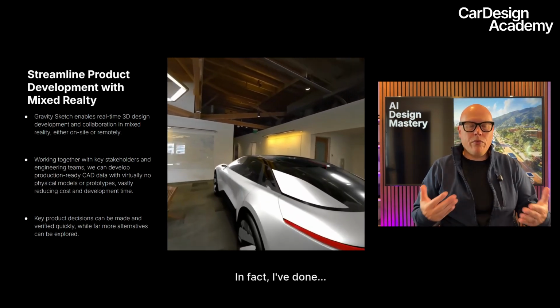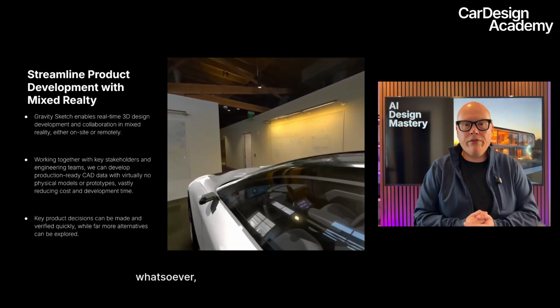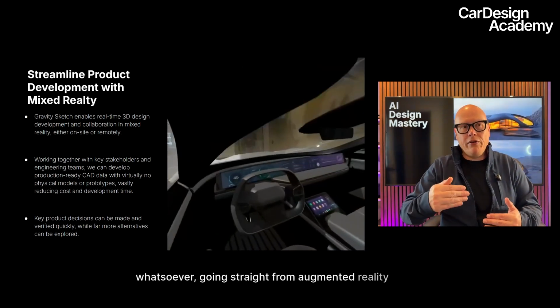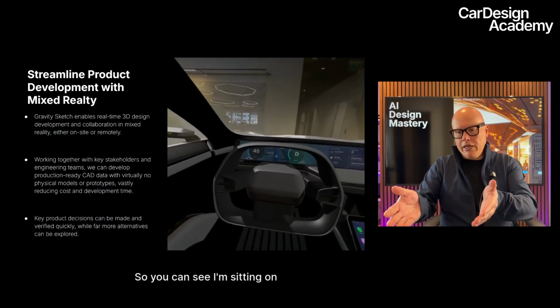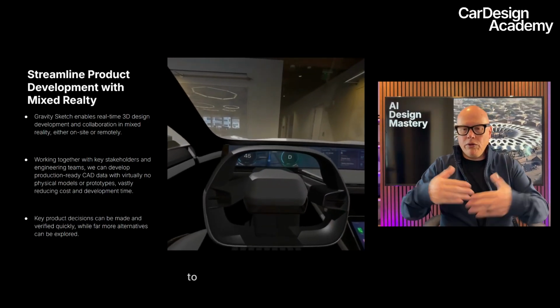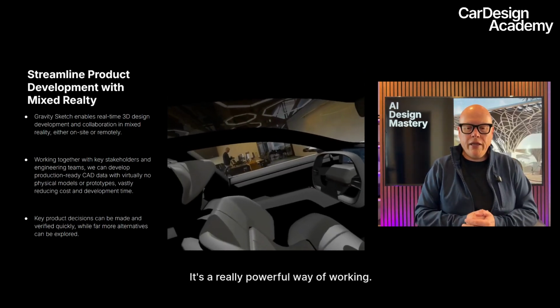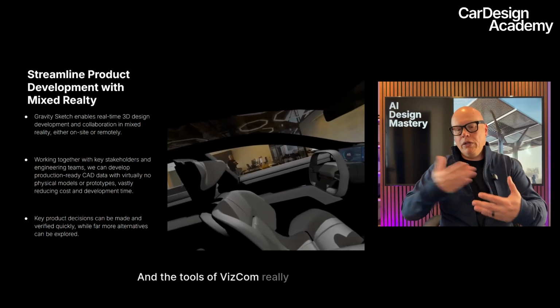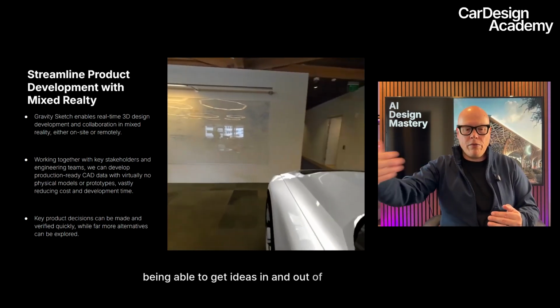In fact, I've done programs with clients with absolutely no physical modeling whatsoever, going straight from augmented reality to fully running vehicles. So you can see I'm sitting on the inside of the vehicle, able to get a feeling for the cockpit layout. It's a really powerful way of working. And the tools of VisCom really play well into this process, being able to get ideas in and out of augmented reality.